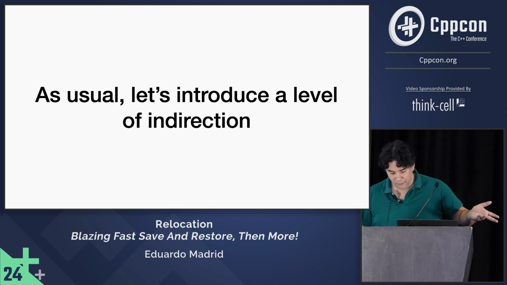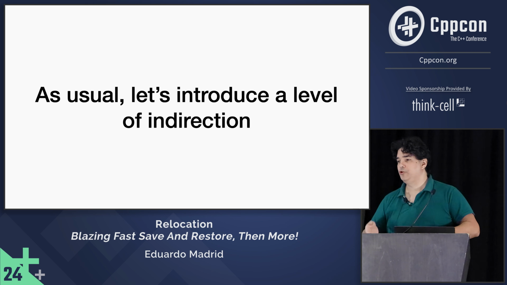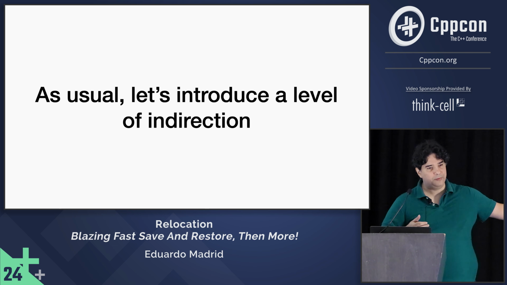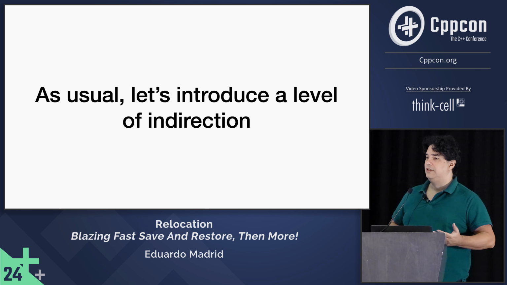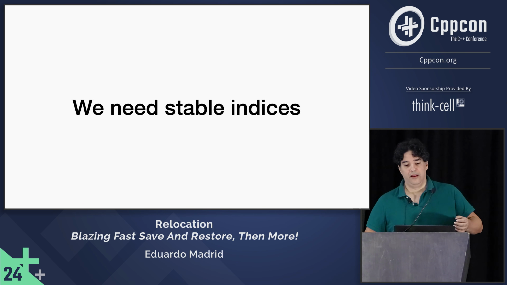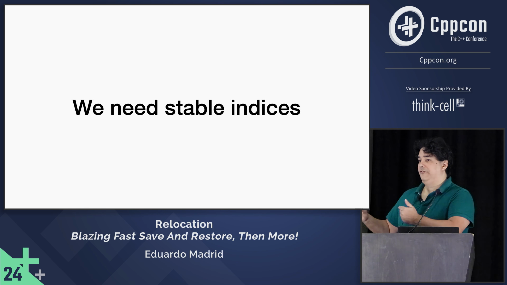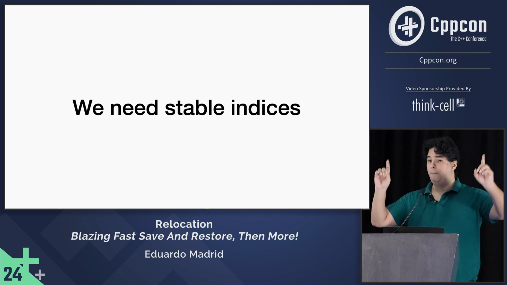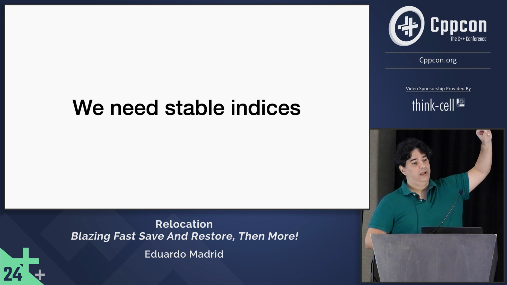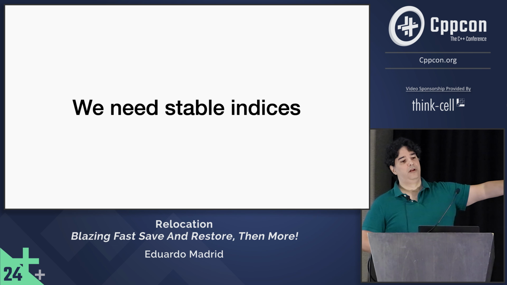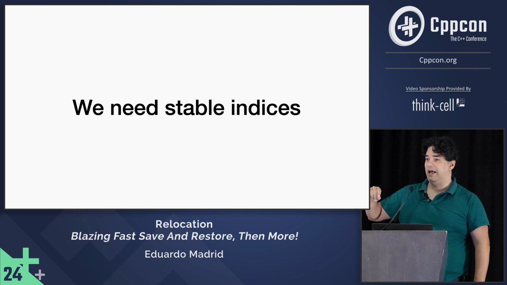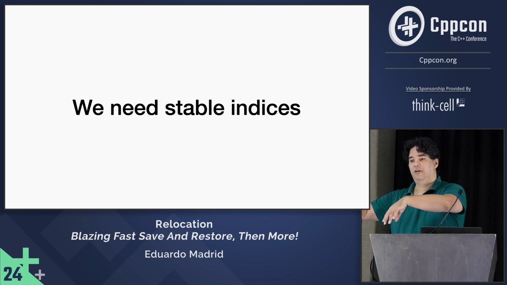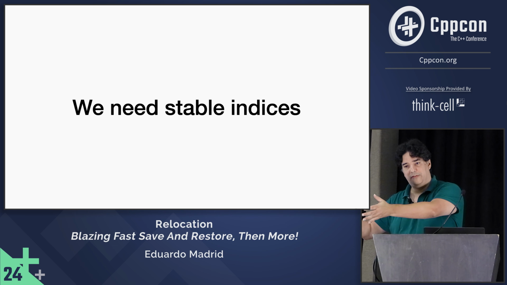And if we want to support change, as usual in computer programming, we might avail ourselves of the conceptual resource of introducing another level of indirection. So you can have stable indices, meaning that during the lifetime of your entities, they will never change the index that they refer to, but they don't need to be on a particular array at a particular location, because you can have that indirection that tells you what is the real index in the storage for the components of that entity.